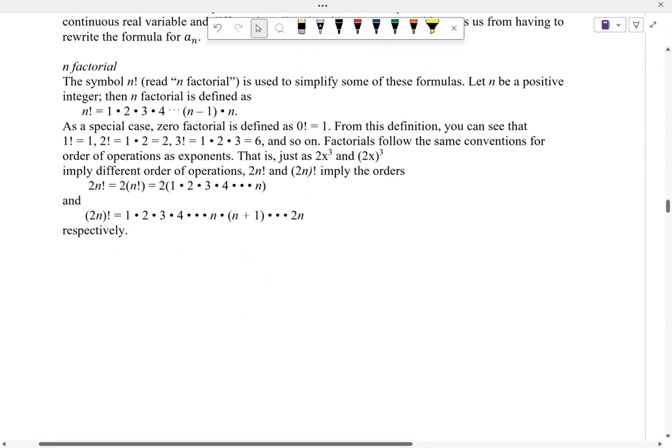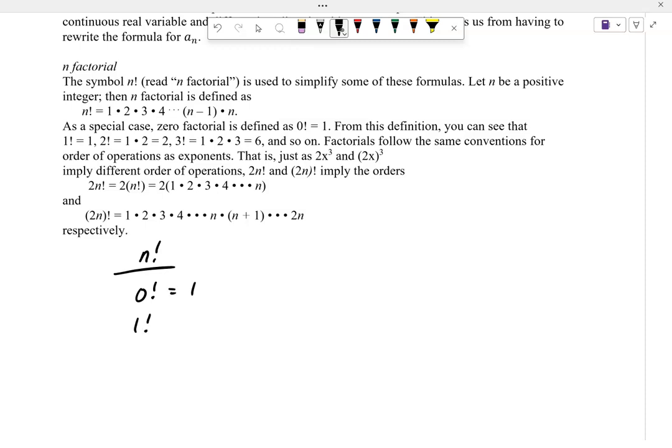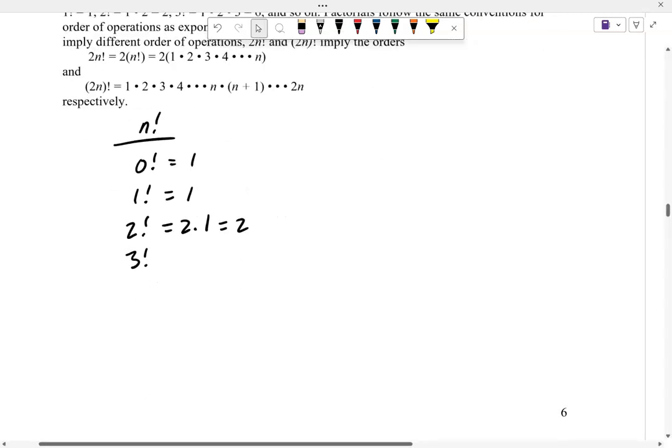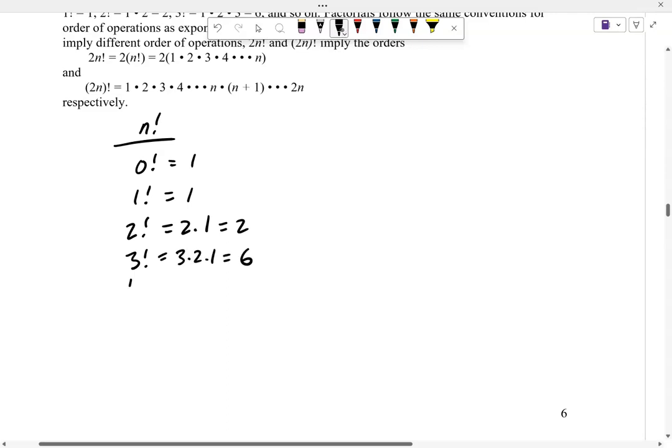All right, let's talk about n factorial. So 0 factorial is a special case. That's 1. 1 factorial is 1. 2 factorial means 2 times 1. 3 factorial means 3 times 2 times 1. 4 factorial means 4 times 3 times 2 times 1, and so on, right?